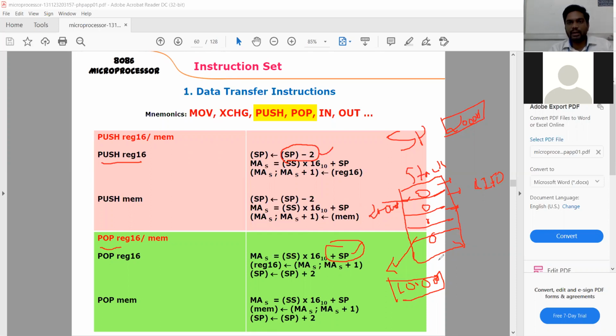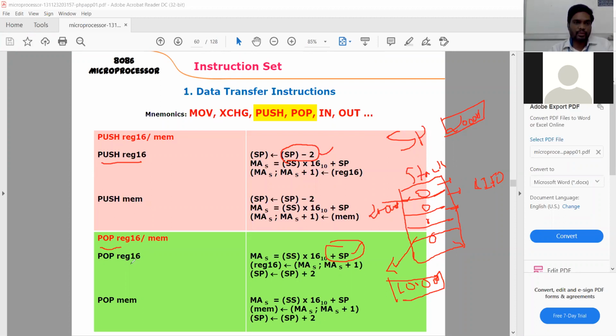The data which entered the stack last will be out first. So this pop instruction is used to access the data from the stack. In order to access the data from the stack, we need to perform the increment operation, so the pop instruction will increment the stack pointer.